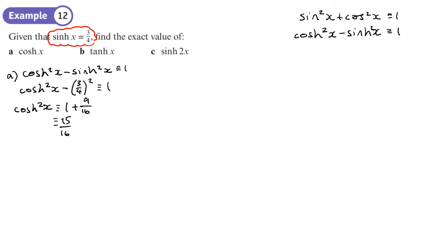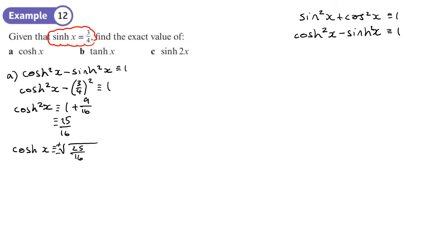Now we need to square root it, so cosh x, strictly speaking, will be plus or minus the square root of 25/16. But we need to think about the graph of cosh, and the graph of cosh, you'll know, is never negative.